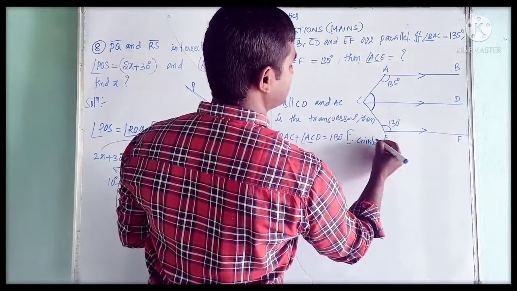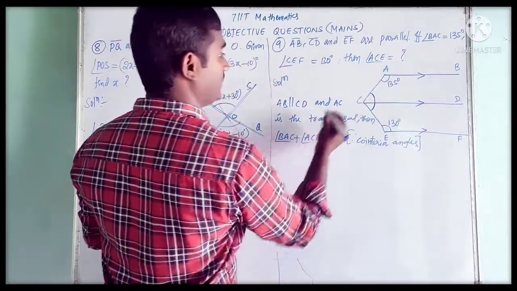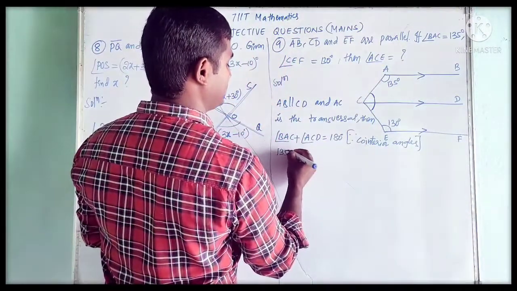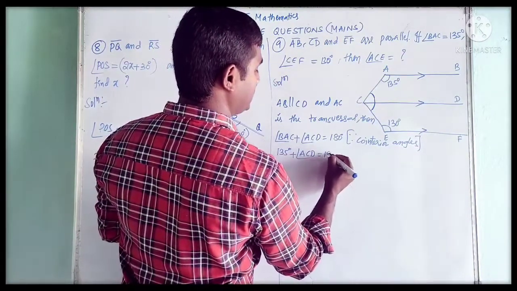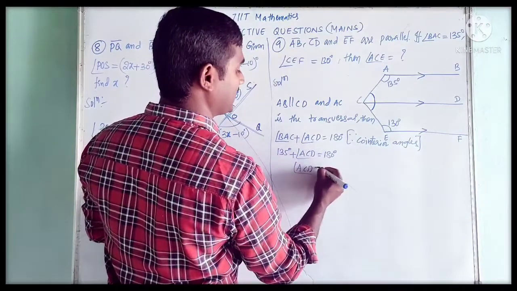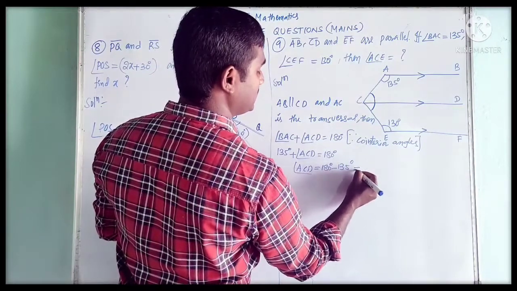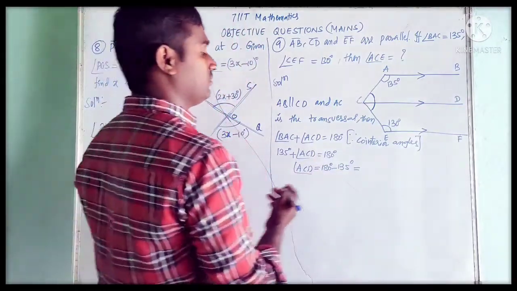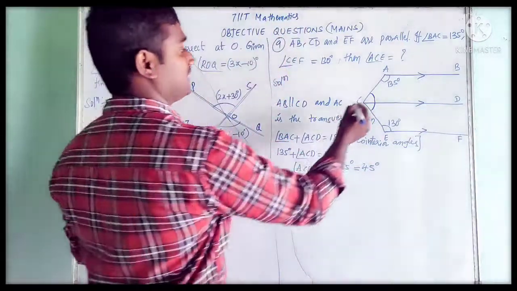BAC is 135 degrees, so 135 degrees plus angle ACD equals 180 degrees. Transposing 135 to the right side, angle ACD equals 180 degrees minus 135 degrees, which is 45 degrees. Angle ACD is 45 degrees.